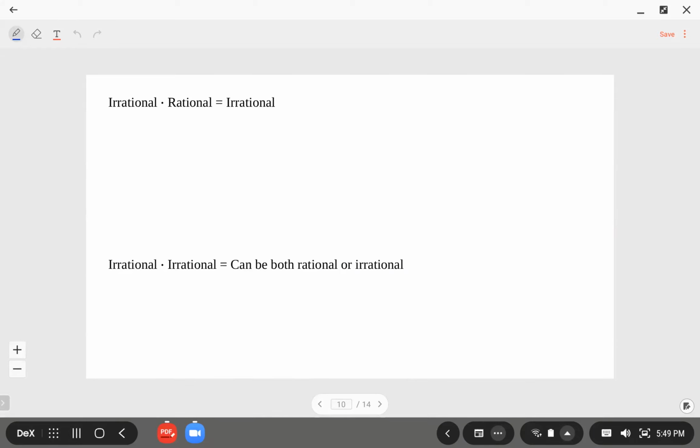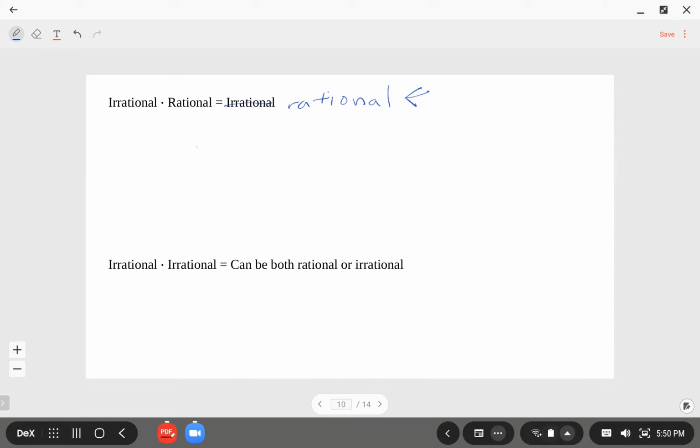We prove this by assuming that irrational times rational actually equals rational. If we prove that it is not rational, then we know it's the other way around, that it's irrational.